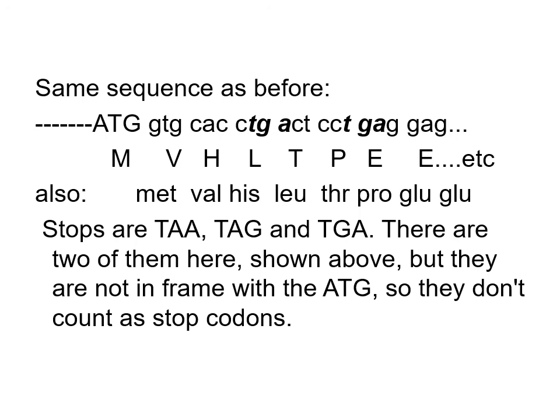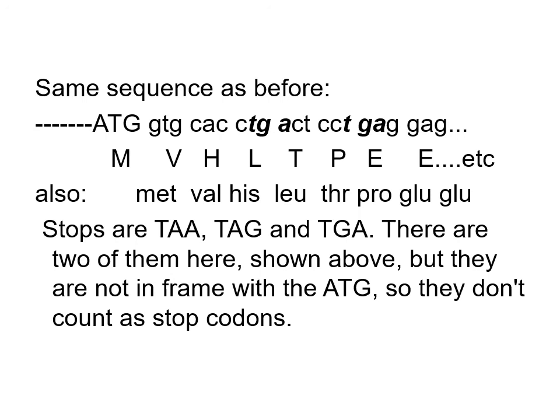But embedded here, we have a TGA stop codon, which is not being read as a stop because the nucleotides are split between those 2 sense codons that are in the right reading frame. Here's another one, a TGA, again within the first 6 amino acids of the protein. So those are stops, but they don't count because the ribosome is not encountering them in that way, and therefore they're not causing you any trouble.